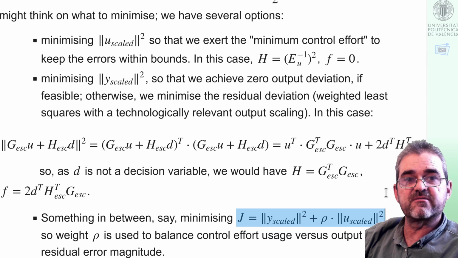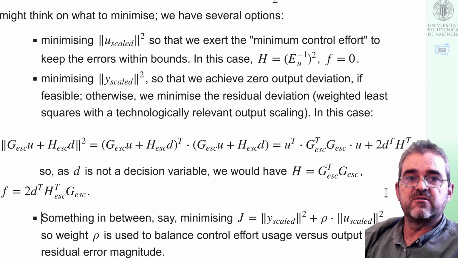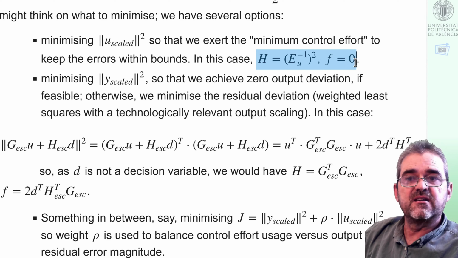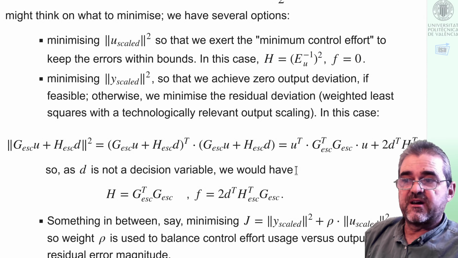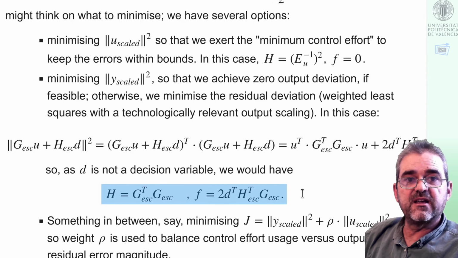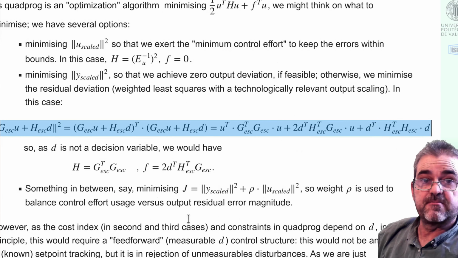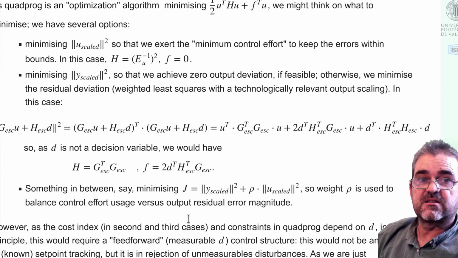And in fact, we will do that in the next video, in which we will discuss the SVD approach to this partial disturbance rejection. So for the moment being, if we want feasibility, then this is kind of a collateral discussion. You can skip it, and we can minimize whatever combination of input and output norms we wish. Of course, if we minimize input norm, we will have this H and F in quadprog, and if we minimize output norm, this would be H and F. You can download the materials or just pause the video and examine the highlighted manipulations, but as I said, this is collateral.